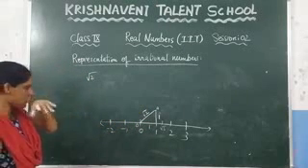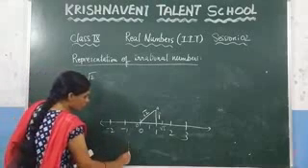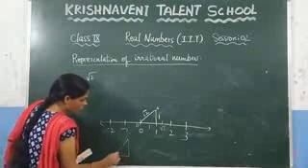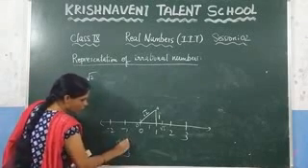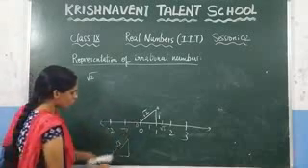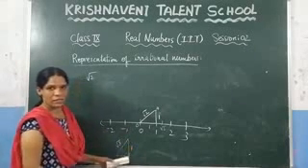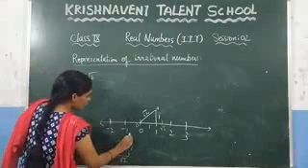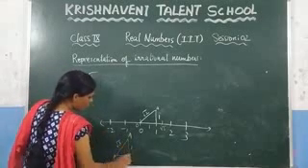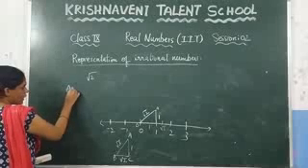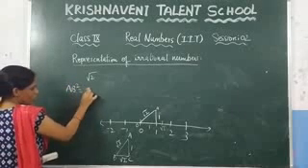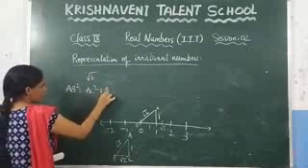Now, if you want to represent root 3 on a number line, what do you have to get? You have to get root 3 as the hypotenuse. Now here, take this as a base, root 2, and take this one as 1 centimeter. Again, by using the Pythagoras theorem, how can you write? You can write AB squared is equal to AC squared plus BC squared. Right?